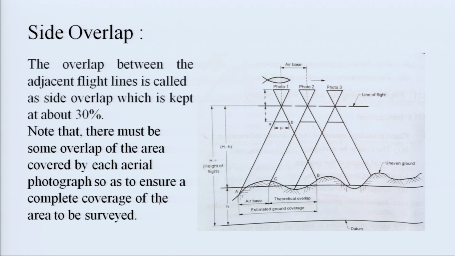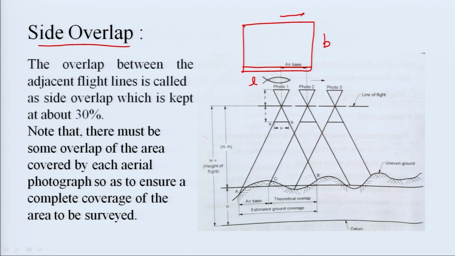Now, talking about side overlapping: the overlapping between adjacent flight lines is called side overlap, and the value considered is about 30%. For example, if we are covering an area of length L and width B, first of all we have to perform overlapping in the direction of flight. This type of overlapping is longitudinal overlapping.